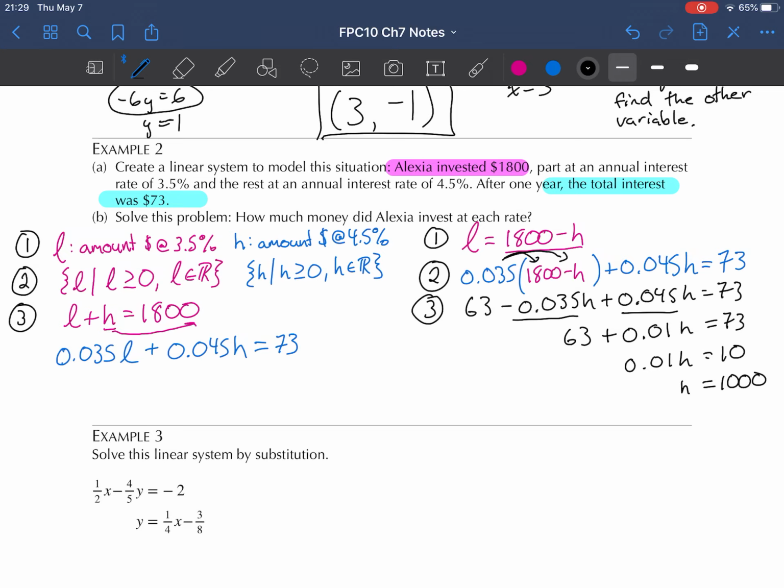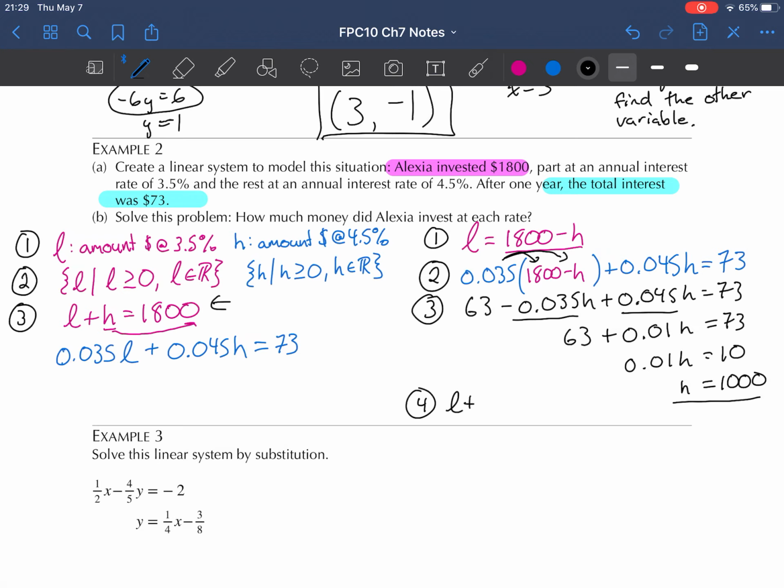So we found out what H is equal to. H is equal to 1,000. Now if H is equal to 1,000, how much is L equal to? So in step 4, we take our 1,000 and plug it into another equation to figure out what L is.